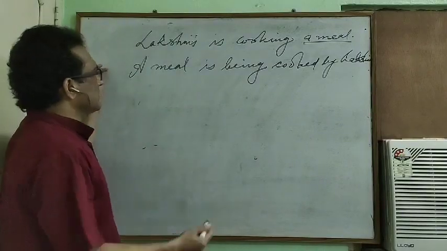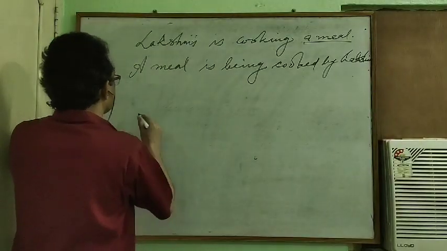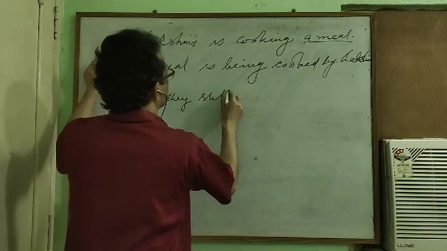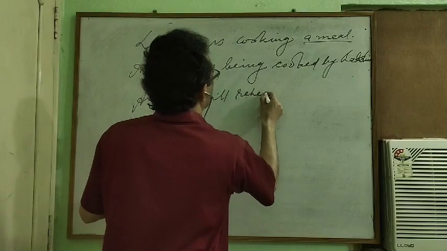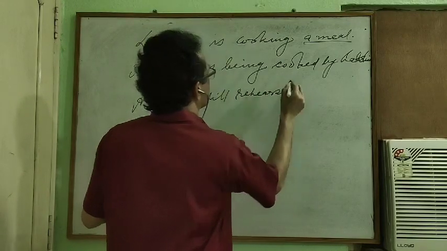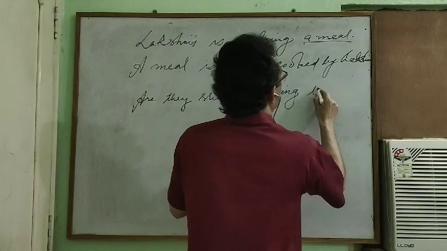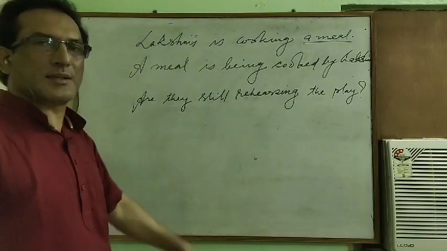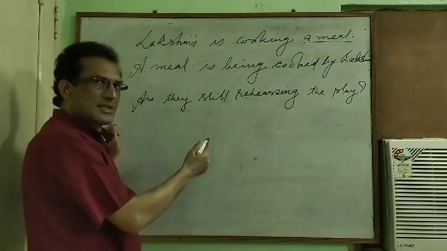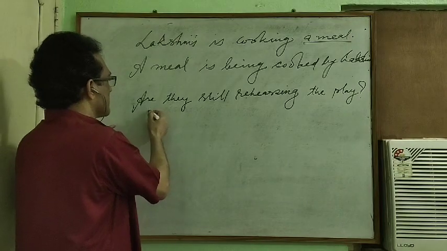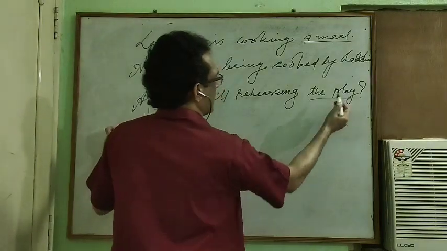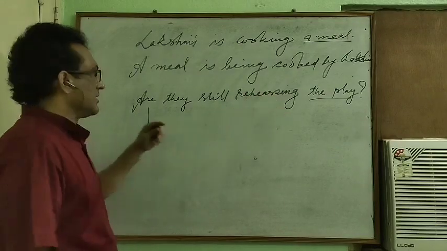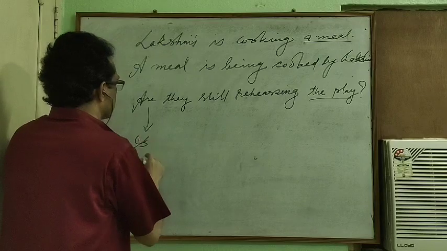And if it is a question, for example, are they still rehearsing the play? Are they still rehearsing the play? Since it's a question, we bring the question form in the beginning. The play is singular, so agreeing with that, third person singular, we have to use the form of be: is.